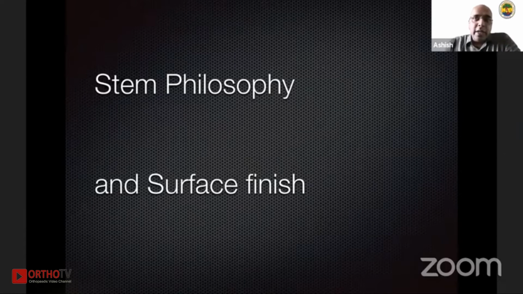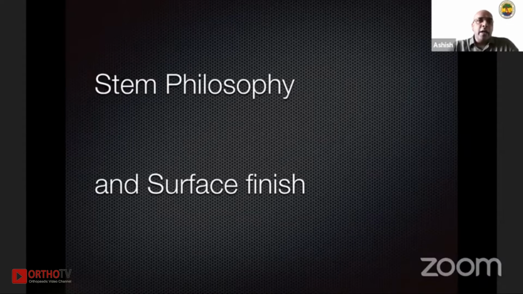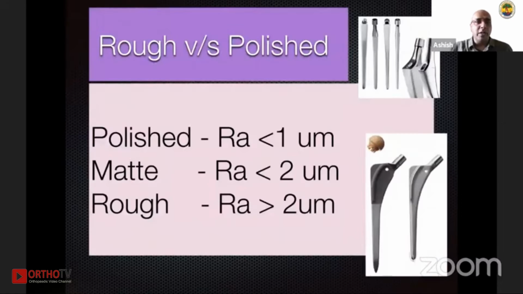All the stems or philosophies that I'm going to mention have a very good track record of almost 97% or 95% survivorship at about 10 to 15 years. It is only after 15 years that the differences start coming in. In our country, if someone is doing a hip replacement for a fractured neck femur, generally we would expect a life expectancy of about 20 years or so. So it is very important for us to understand what kind of stem we are using and in which mode we are using that stem.